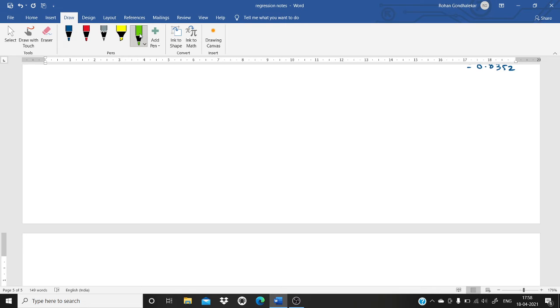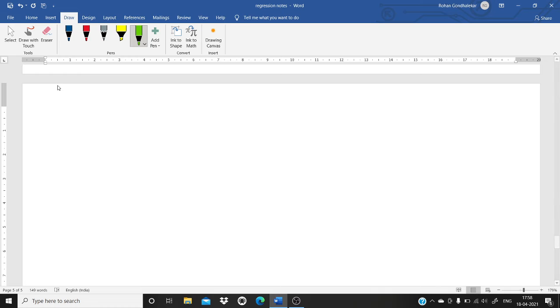Okay, start with the example. The regression lines of a given sample are x plus 6y is equal to 6 and 3x plus 2y is equal to 10.